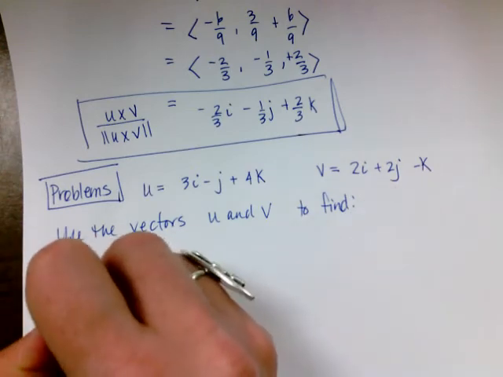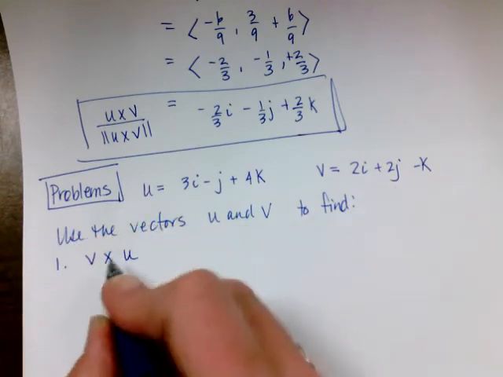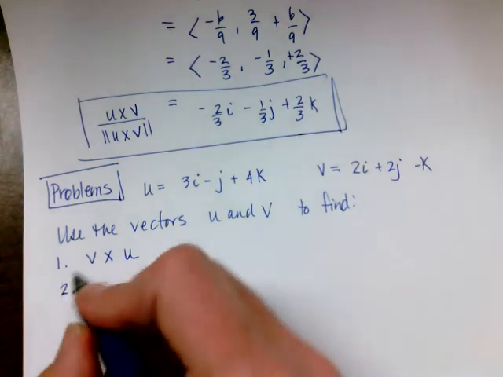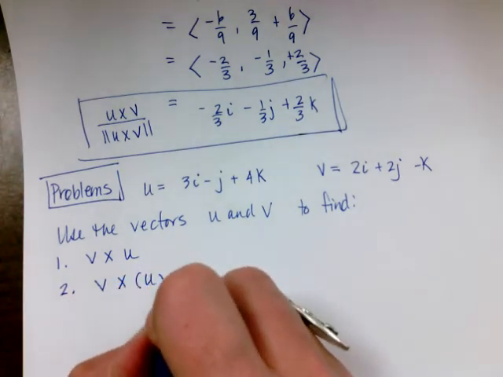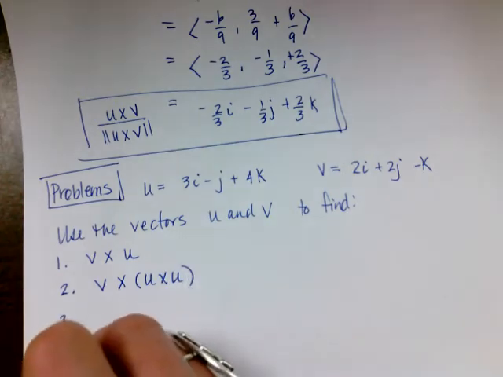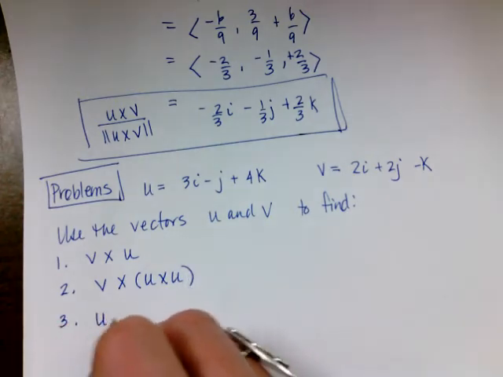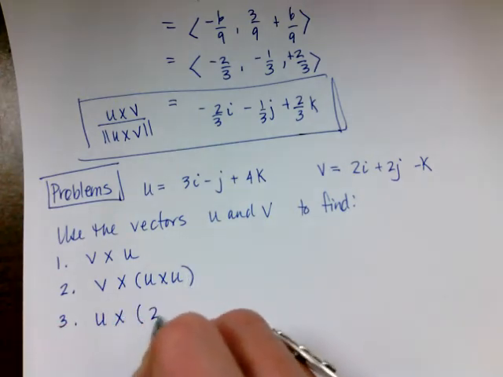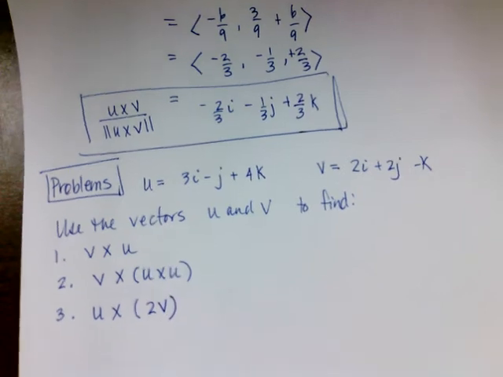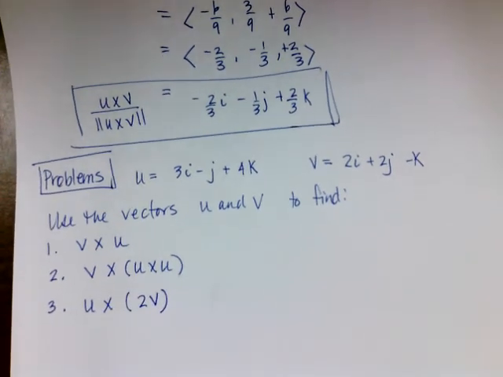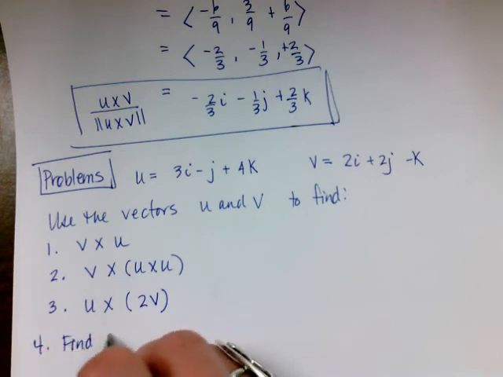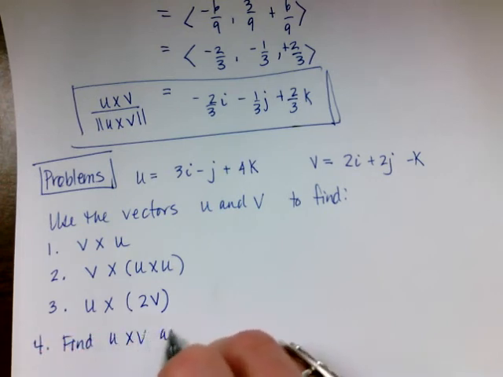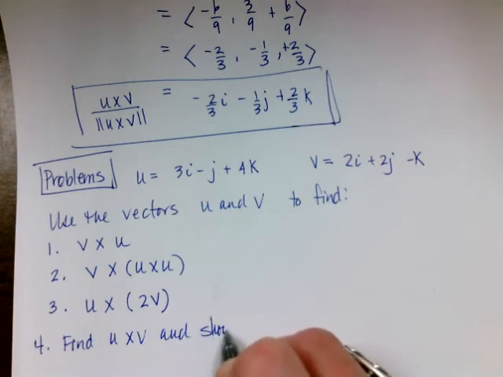So number 1, you're going to do u cross v. Number 2, you're going to do v cross u. Remember, the order is important. Number 3, you're going to do u cross, and then I have a scalar times v.